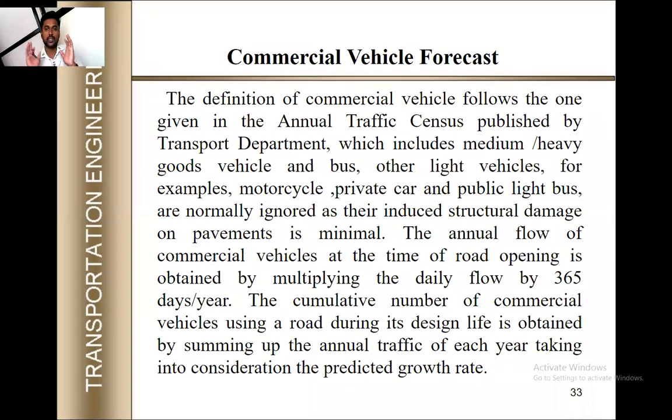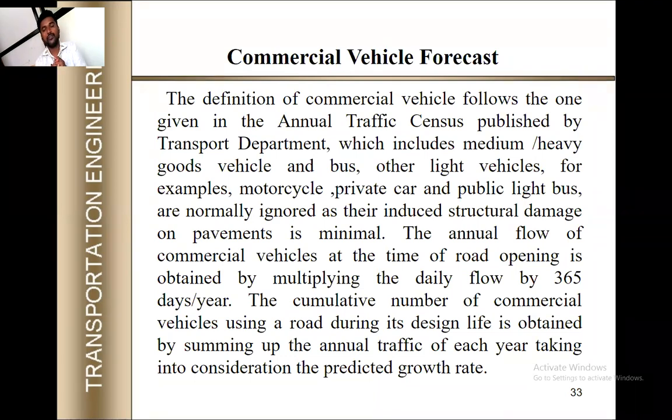To achieve that service life, what do we need to do? We need to go for regular maintenance of the road. If there are cracks, we need to maintain the cracks well before. If any other maintenance is required on that road, we should give that maintenance as early as possible so that the service life is achieved by that road.